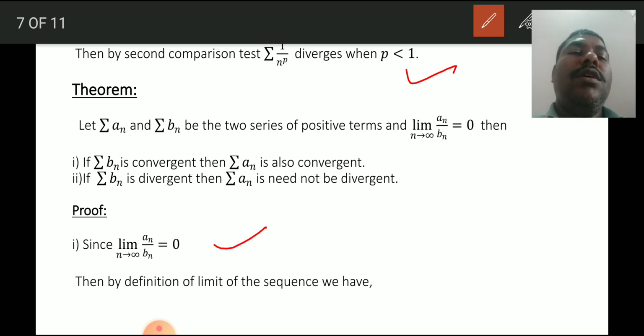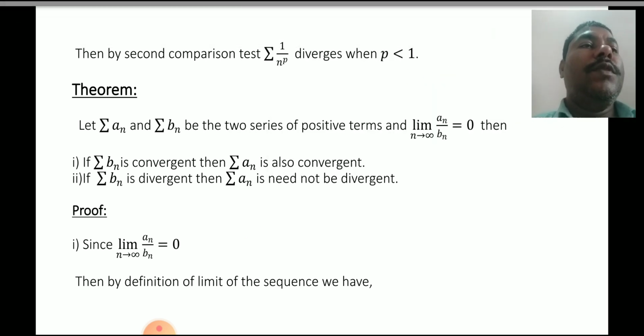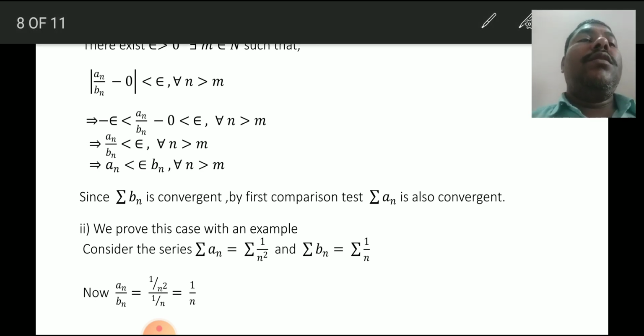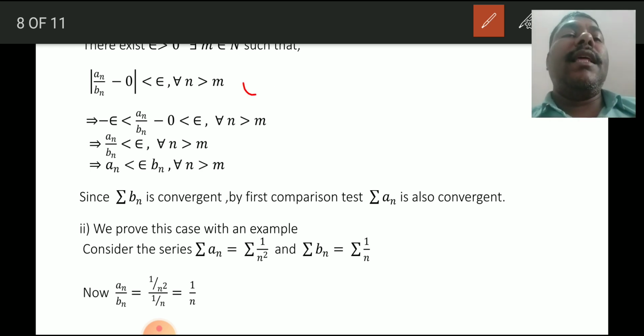First case, in the statement the given limit of an by bn as n tends to infinity is equal to 0. Then by the definition of limit of a sequence, there exists epsilon greater than 0, there exists m belongs to N such that modulus of an by bn minus 0 is less than epsilon for all n greater than m.